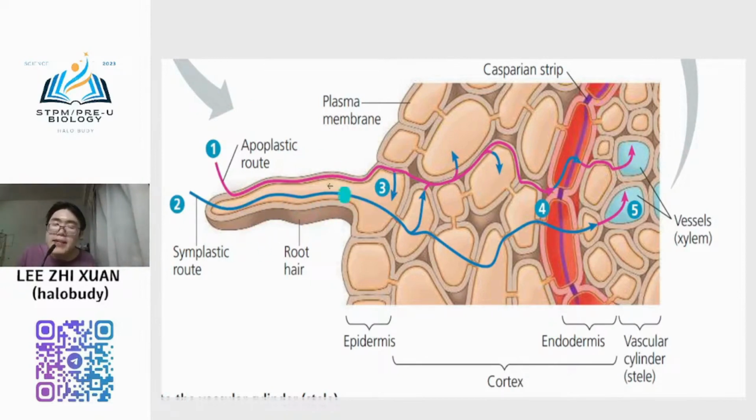our root hair is in a hypertonic condition, meaning that the solute potential for the root hair is very high. The water potential at the root hair is very low, so that the water molecules from the soil will diffuse or enter into the root cell down the concentration gradient.